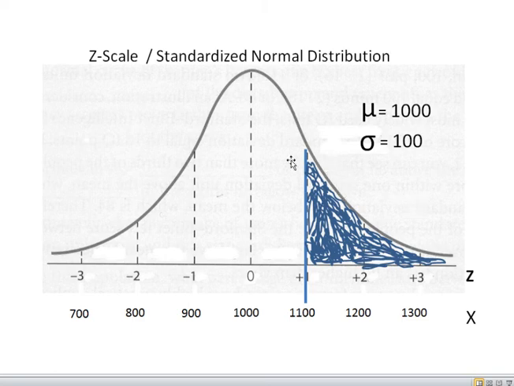So if we know how much is to the left of the line, then whatever's left over on the right side, if you add those two together, they have to equal 1. So if you find one side of the line, you automatically know the other side simply by subtracting the first one from 1.